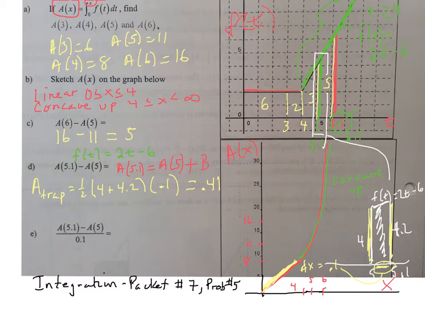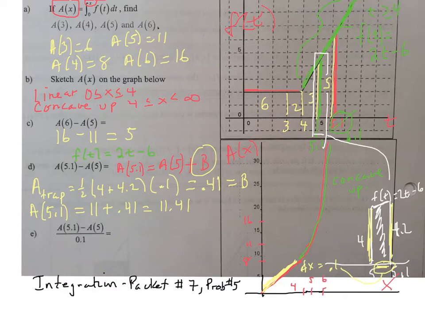So that 0.41 is really our value of b here. So A of 5.1, well, it's A of 5, and A of 5 is 11, plus the value of b, which is 0.41, so it's 11.41.